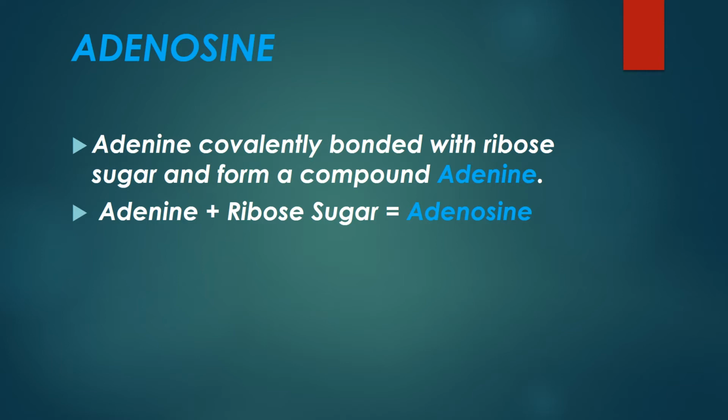Here this is not adenine, it is adenosine. So combinedly, when adenine, a nitrogen base, and ribose, a 5 carbon sugar, combine covalently, they form adenosine.